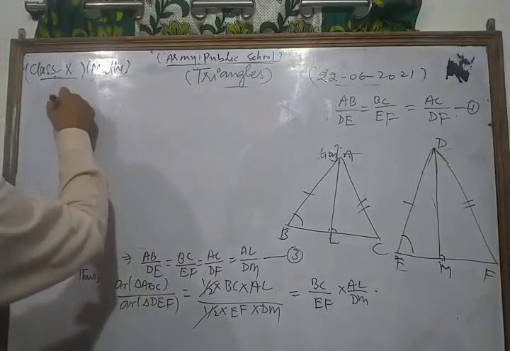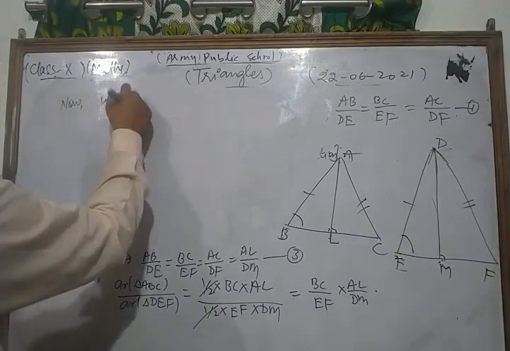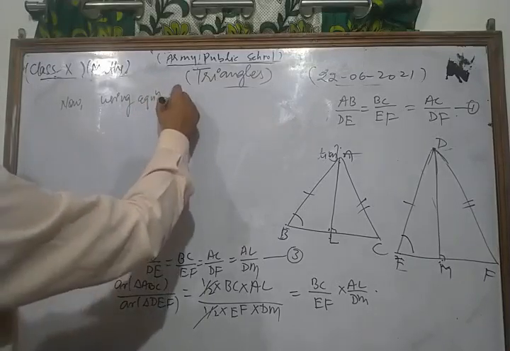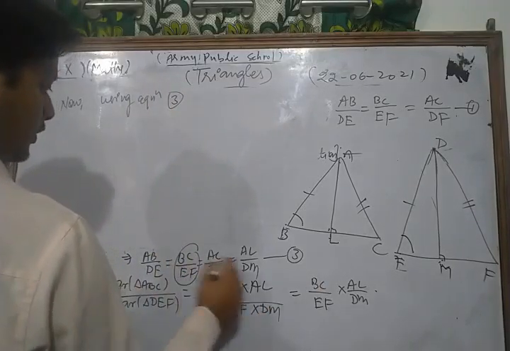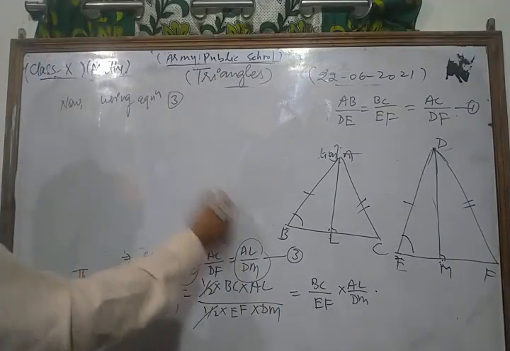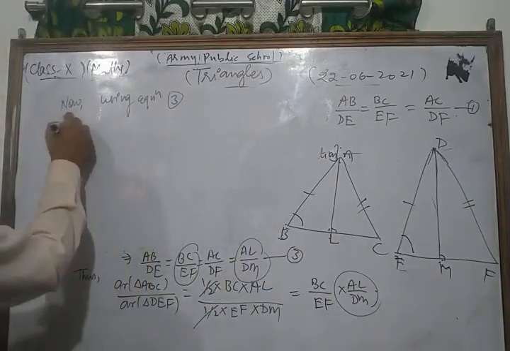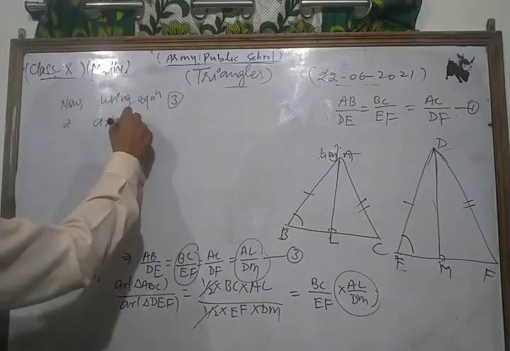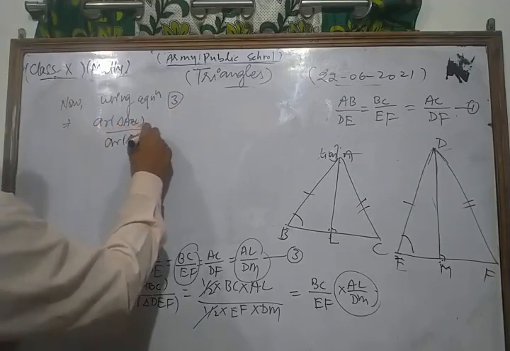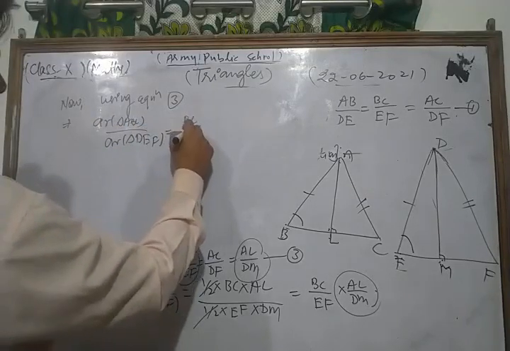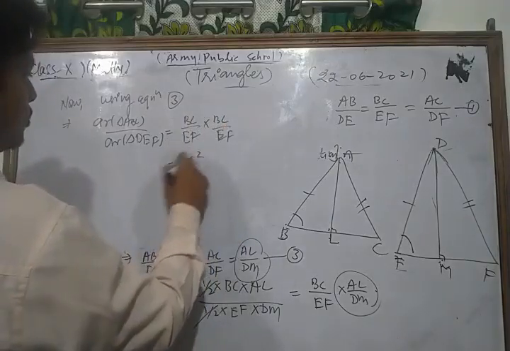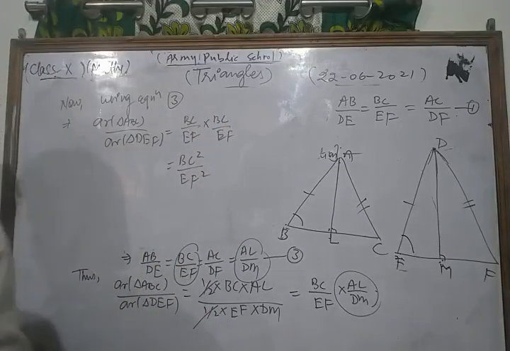Now using equation 3, we have BC upon EF is equal to AL upon DM, or AL upon DM is equal to BC upon EF. So we put the value of AL upon DM. So we have area of triangle ABC upon area of triangle DEF is equal to BC upon EF into BC upon EF, that is BC square upon EF square.